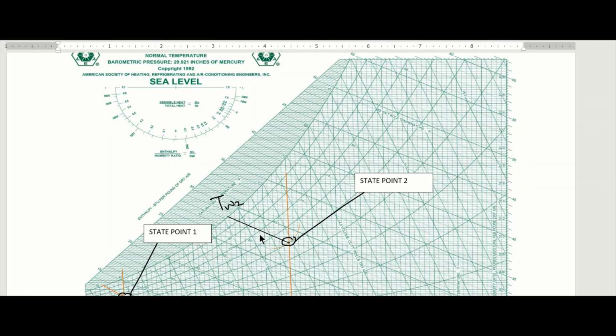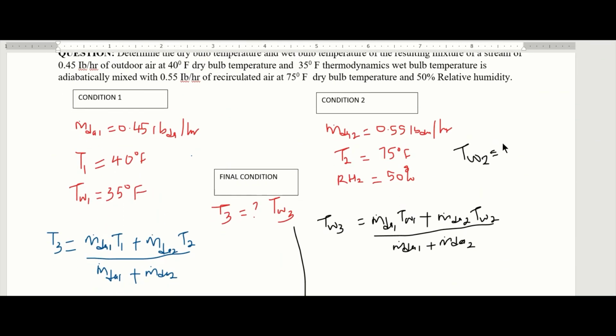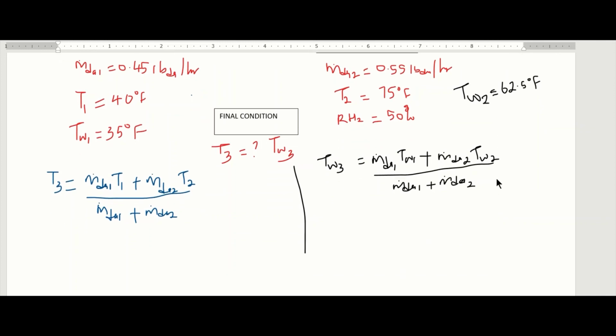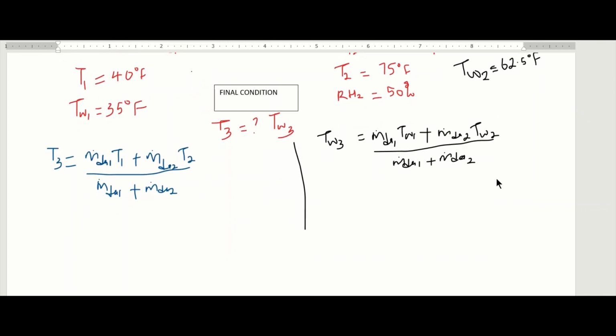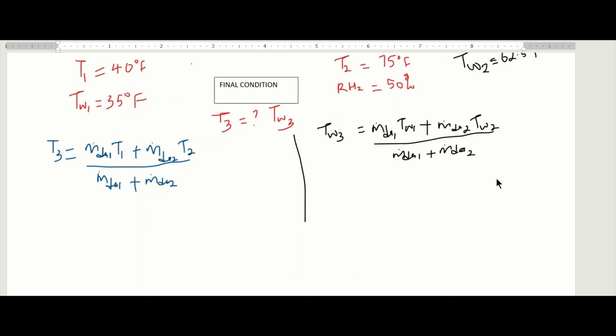So I can say that my wet bulb line at state 2 is 62.5 degrees Fahrenheit. All right, so now we can solve for our final condition, and when you finish solving, you can show this condition on your chart if you want to do that.